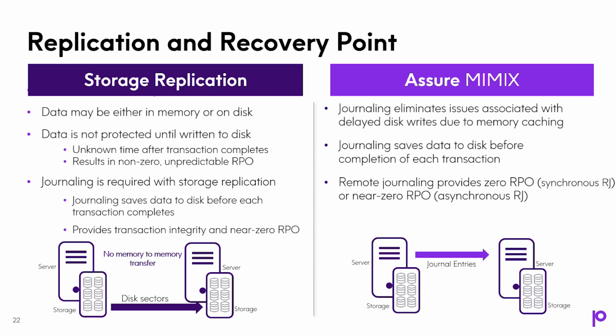So don't let anybody tell you that you can only get synchronous with storage replication. That's not true. You can get synchronous with synchronous mode remote journaling, which we support. And you can also have asynchronous remote journaling, which actually gives you sub-second transmission without having to go to synchronous mode. And with synchronous mode, you better make sure you've got a good network or your application is going to be affected.